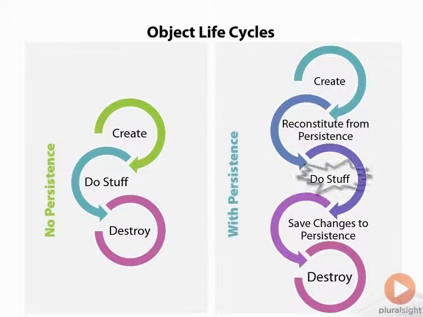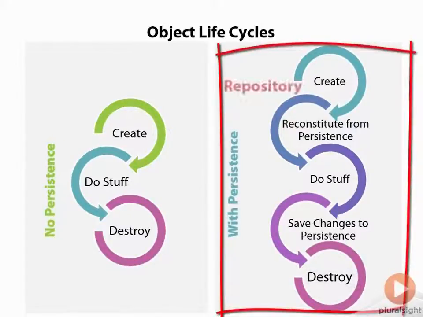Then it can perform whatever work the application needs it to do, after which it may need to save its state to some persistent storage before finally being destroyed. You can use repositories to manage the life cycle of your persistent objects without the objects having to know anything about their persistence. We call these objects persistence ignorant.